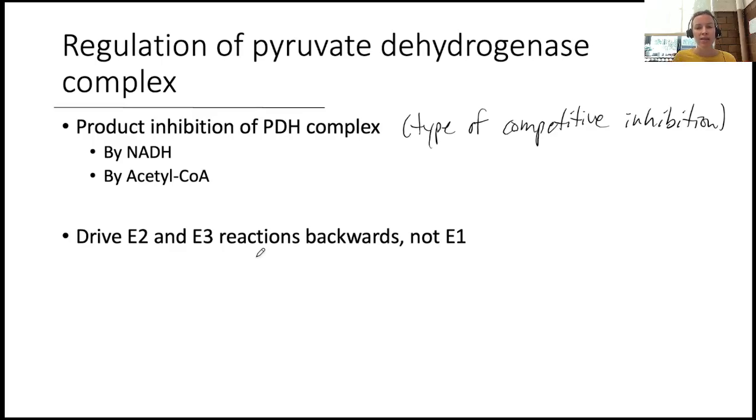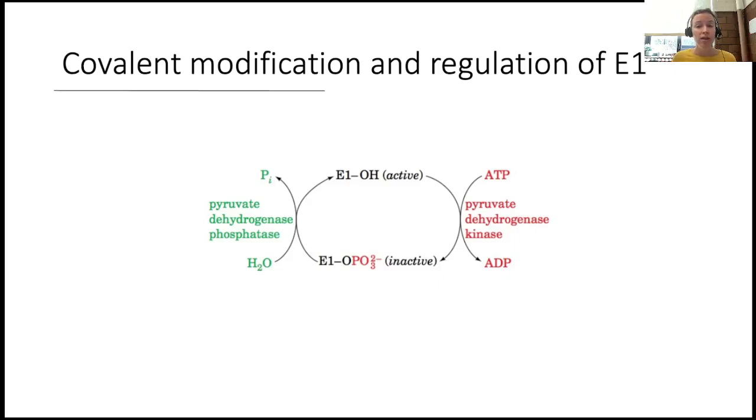How is the enzyme regulated? Well, primarily through the enzyme that's irreversible, E1. E1 can be regulated through covalent modification, okay? So the E1 enzyme is on or in the R state when it is not phosphorylated. The enzyme is off or in the T state when it is phosphorylated.